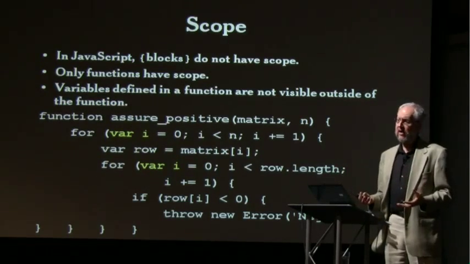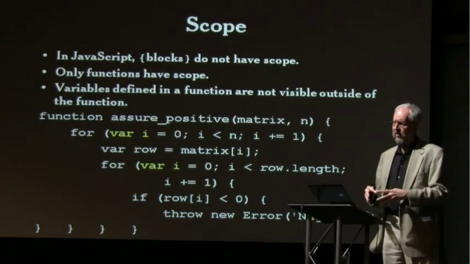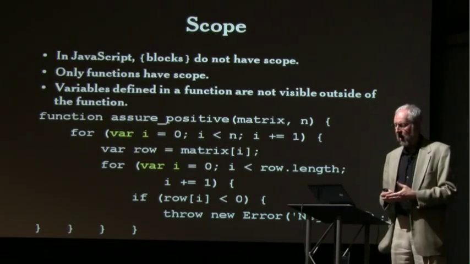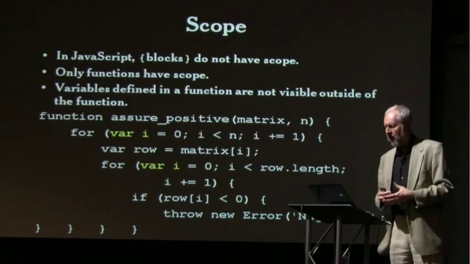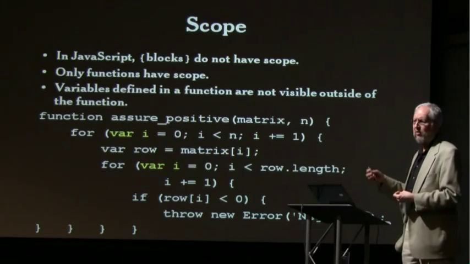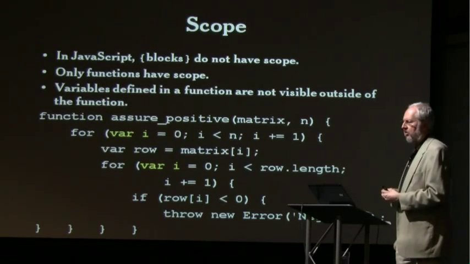Only functions in this language have scope. If you declare a variable in a function, that variable is not visible outside of the function, but it's still visible everywhere within the function. So if you're coming from other languages, this can be confusing. For example, a function like this will work in most other languages and will fail in JavaScript without an error. What you'll find is that it will run forever.